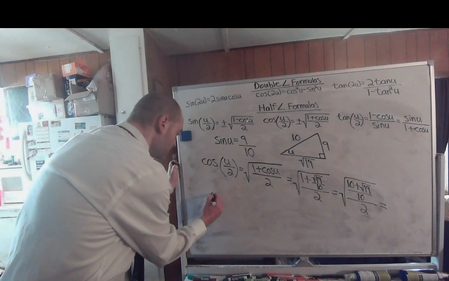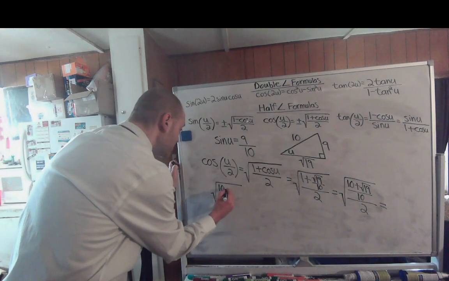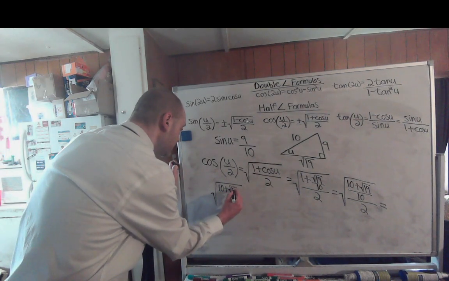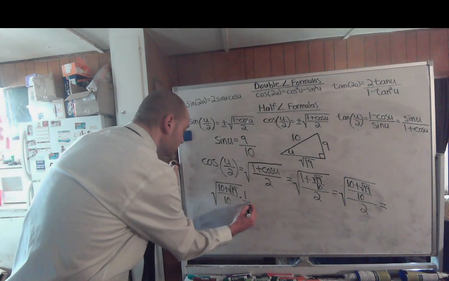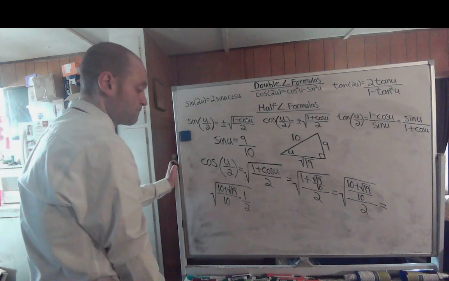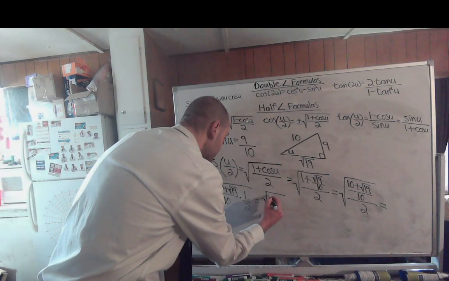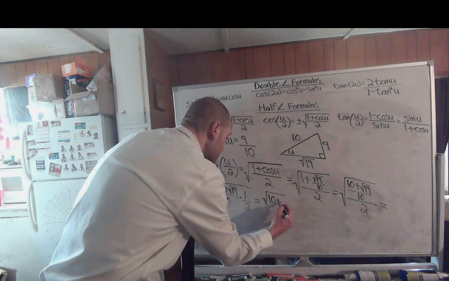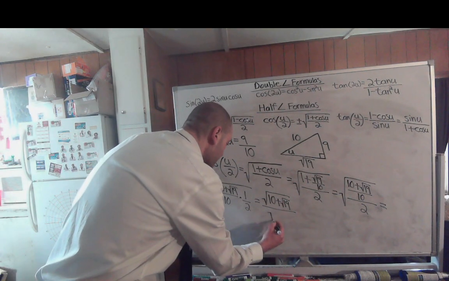So this is all going to equal the square root of 10 plus the square root of 19 all over 10 times 1 all over 2. So this would end up giving you the square root of 10 plus the square root of 19 all over the square root of 20.